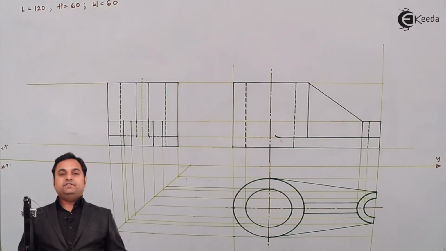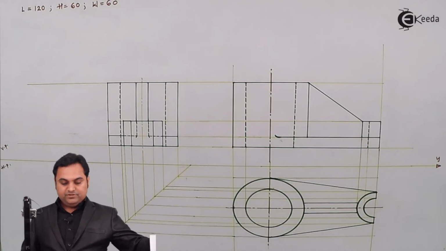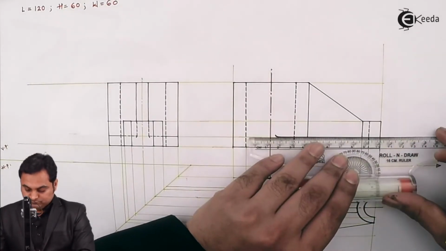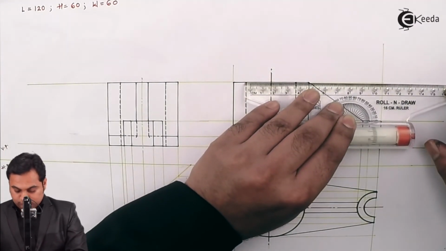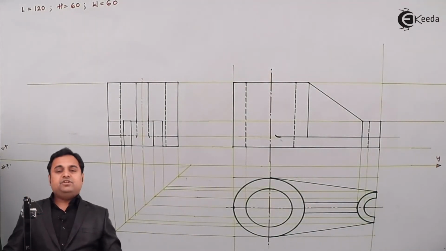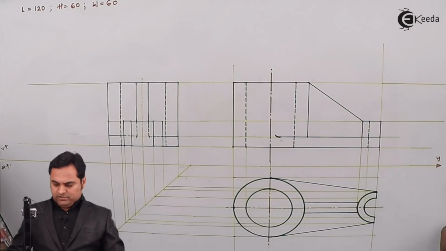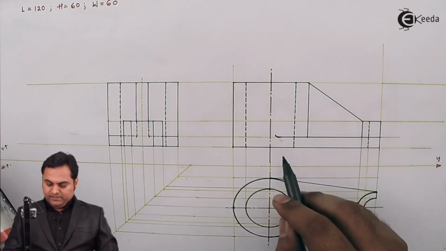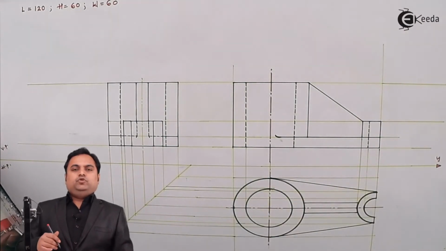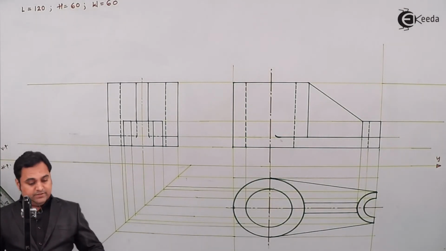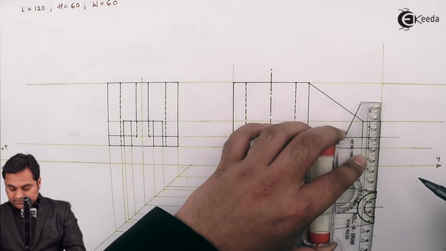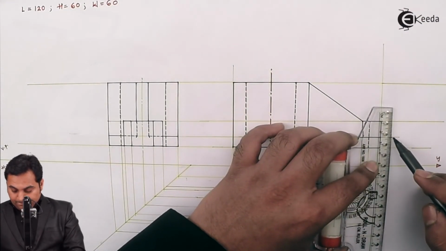Now after completing this, we need to give the dimensions over it. So I'll just give the dimensions. Dimension lines should be medium dark, that is, lighter than the outline. So for medium dark lines, I'm using this red color, and here the height of the block is 10 mm.